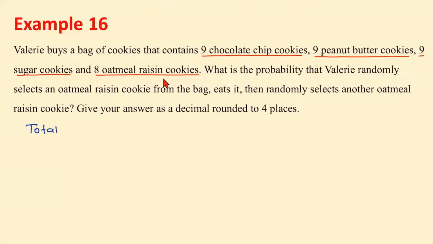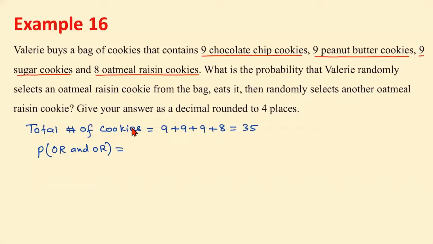The total number of cookies is 9 plus 9 plus 9 plus 8, which is 35. Now the question is, what is the probability that Valerie randomly selects an oatmeal raisin cookie from the bag, eats it, and then selects an oatmeal raisin cookie again?